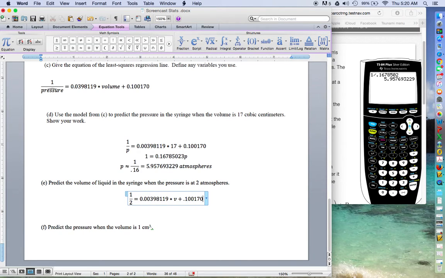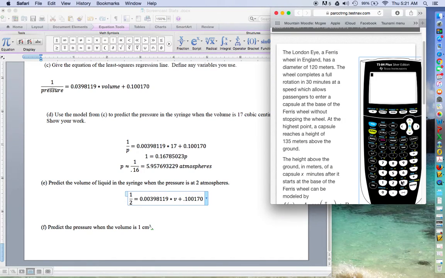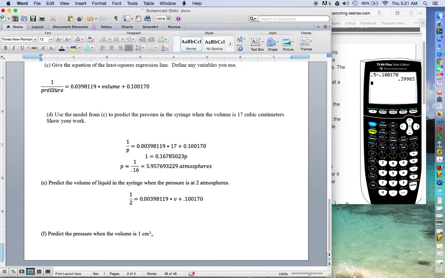And we need to solve for V. So first I'm going to subtract this, of course. So I'll have 0.5 minus 0.100170. All right. Type that down here.